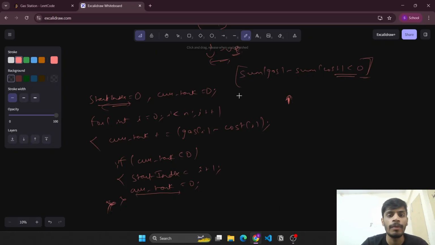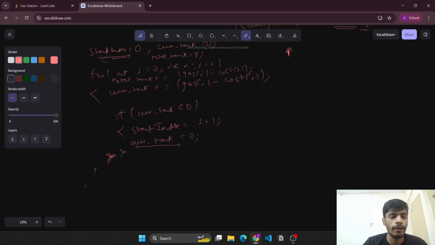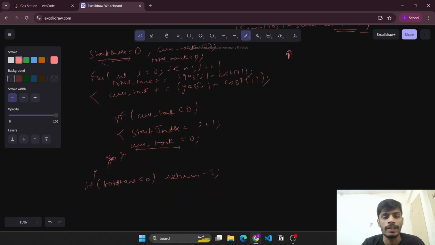So we need to maintain a total tank, and at each step we'll update this total tank with the same difference, gas of I minus cost of I. At the end, if this total tank is less than 0, we'll simply return minus 1, because there will be no possible starting point for start index.